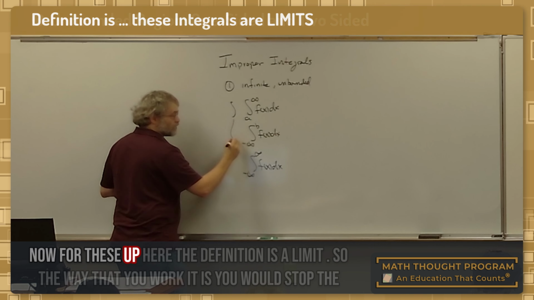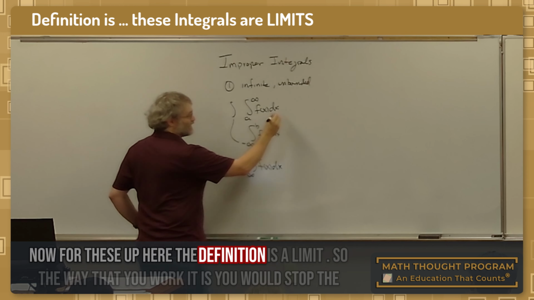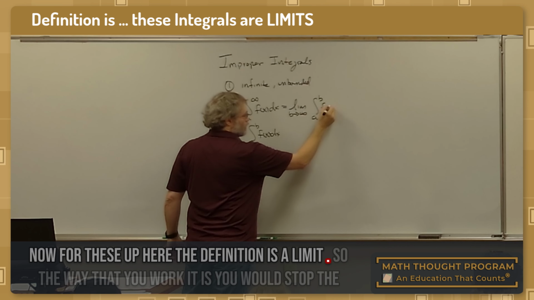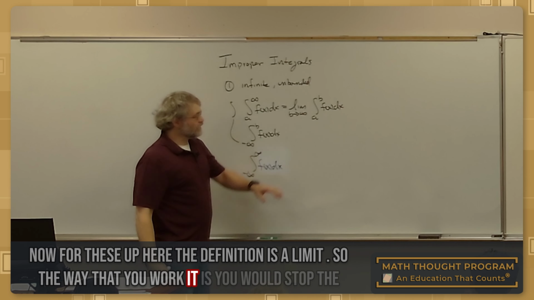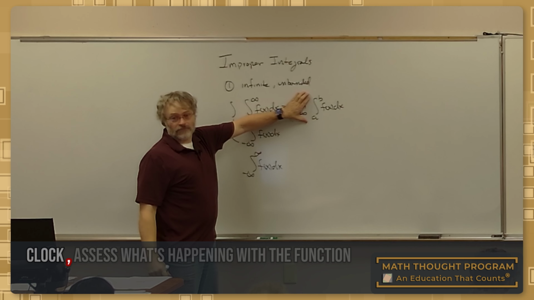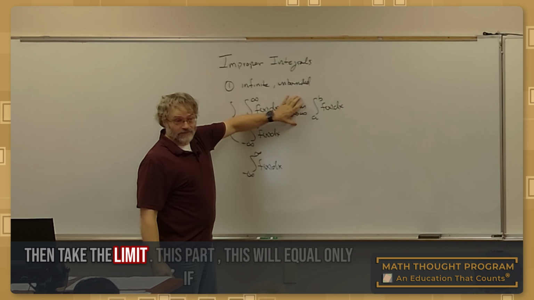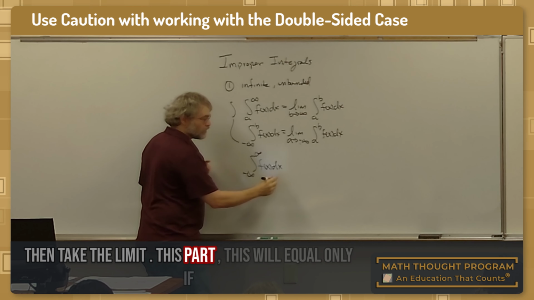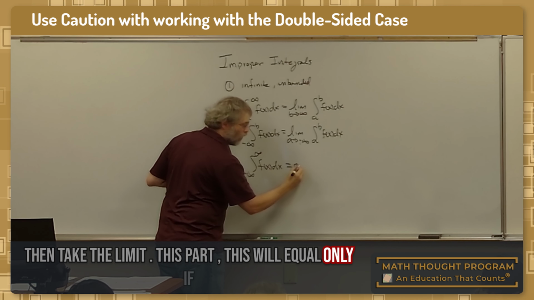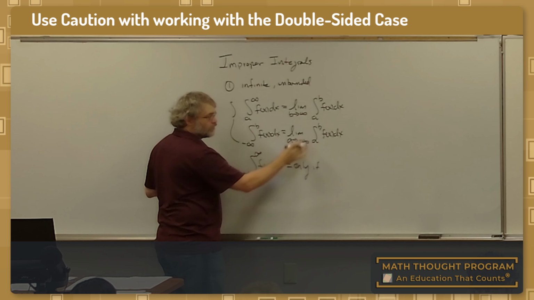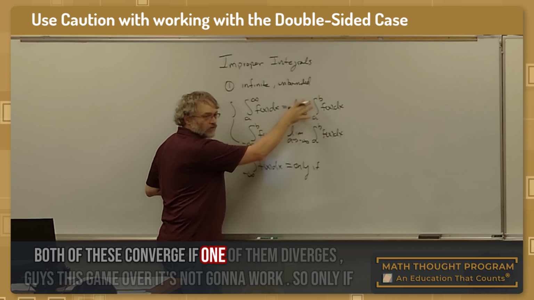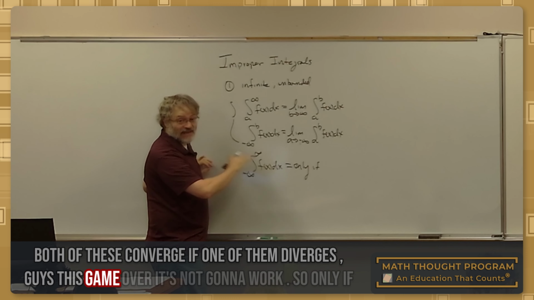Now, for these up here, the definition is a limit. So the way that you work it is you would stop the clock, assess what's happening with the function, then take the limit. This part will equal only if both of these converge. If one of them diverges, guys, it's game over.